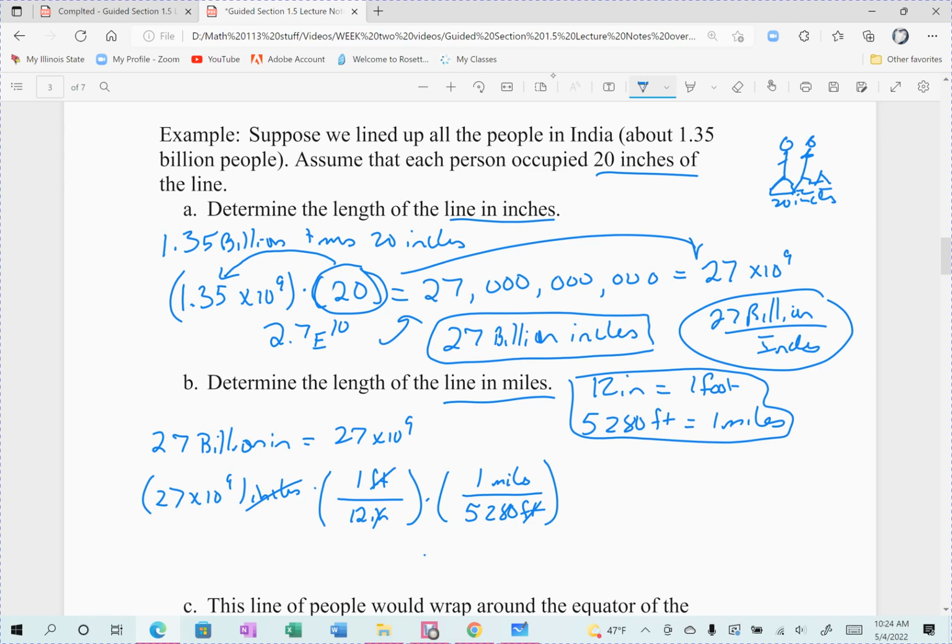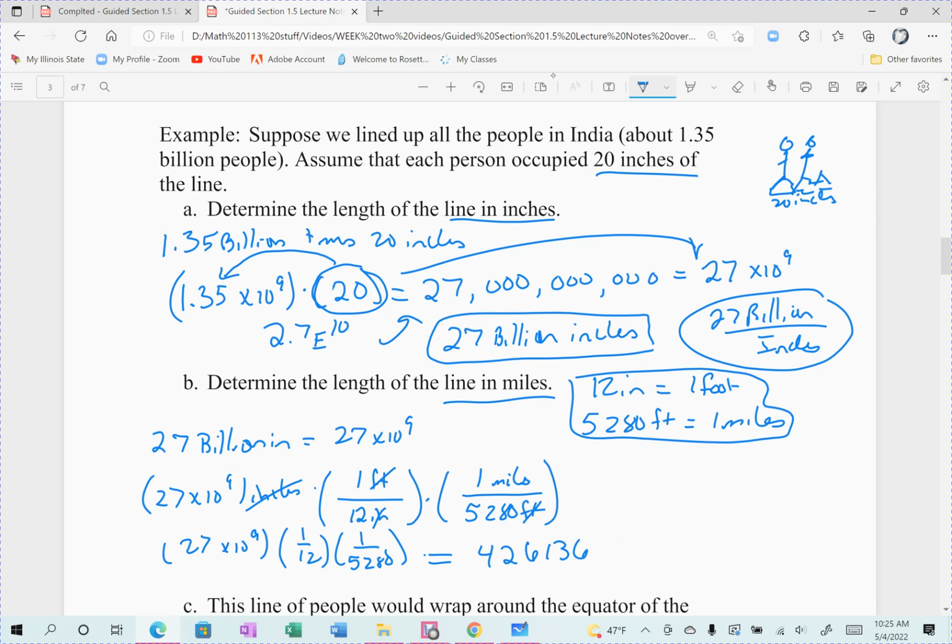When you multiply that out, be careful: where I have parentheses, you'll have parentheses. So 27 times 10 to the ninth times 1 over 12, times 1 over 5,280. That comes out to be 426,136.36. I'm just going to round to the whole mile.